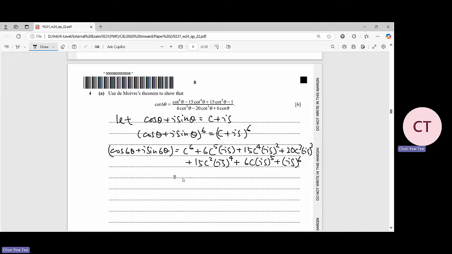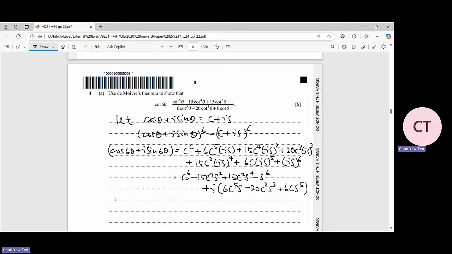We will need to group them together, all the real part together, all the imaginary part together. So the real part: c power 6 minus 15c power 4 s square, plus 15c square s power 4, and negative s power 6. This is all the real part added together. And all the imaginary part, I group them together: 6c power 5 s minus 20c cube s cube, and then plus 6c s power 5.